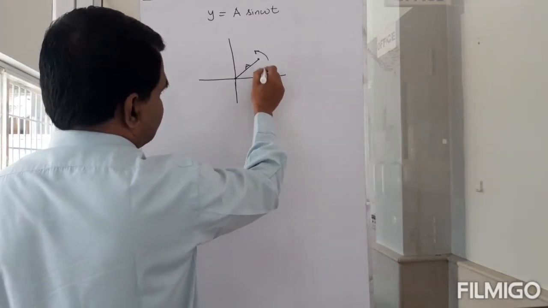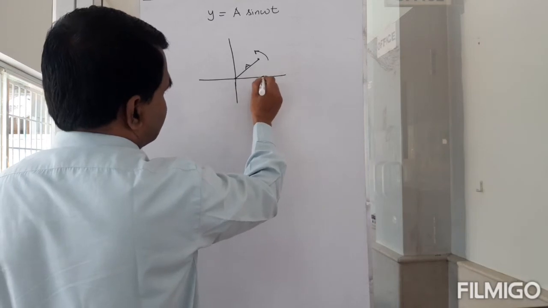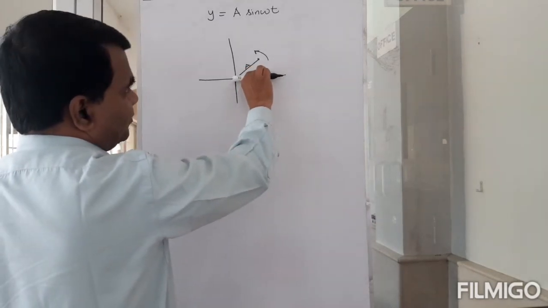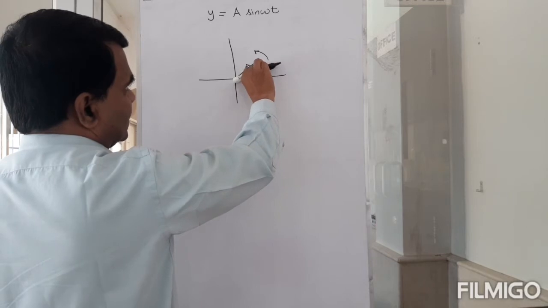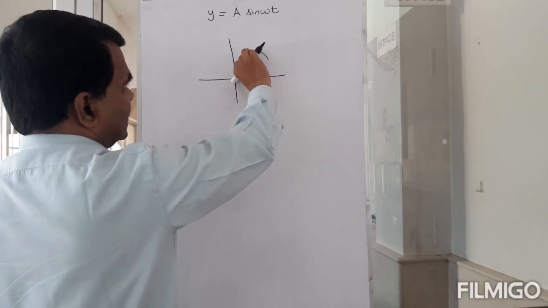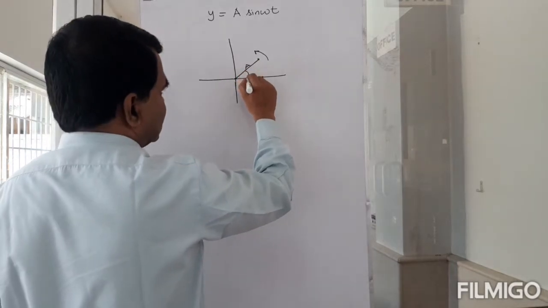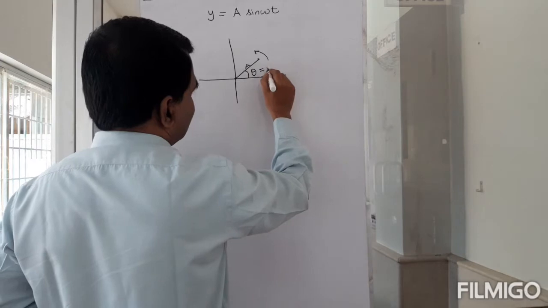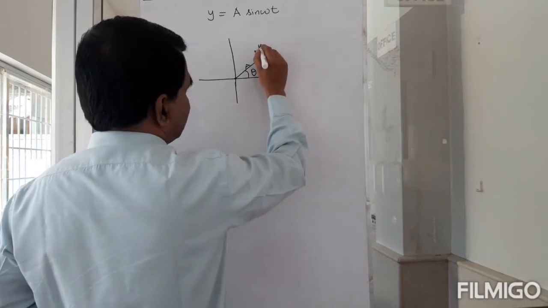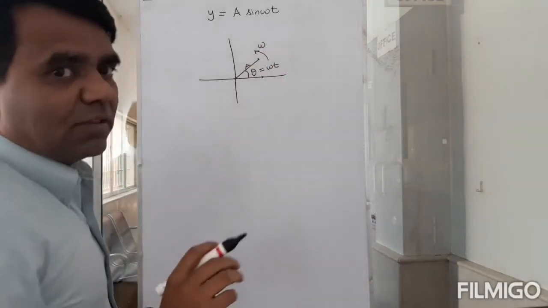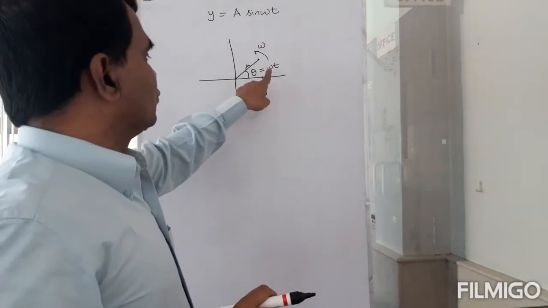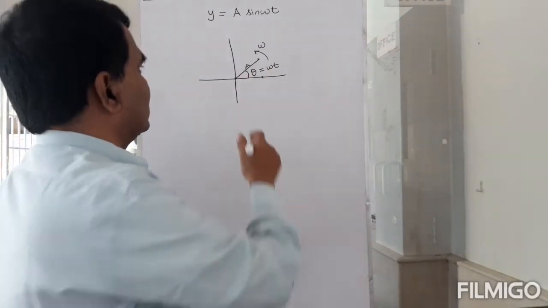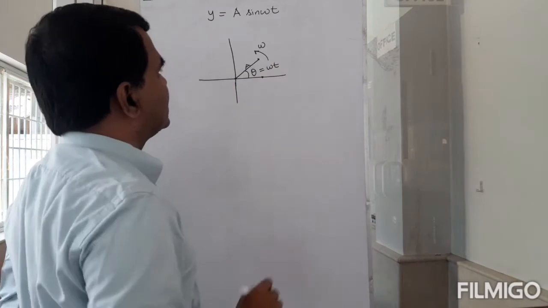Suppose I start from here. It is 0, right? So like time is 0. The rod is 0. Then I start rotating it. At time t, I get to this position, and this is actually theta, right? And that is also equal to omega into t, because I am rotating it with an angular speed of omega. So this theta is equal to omega t.